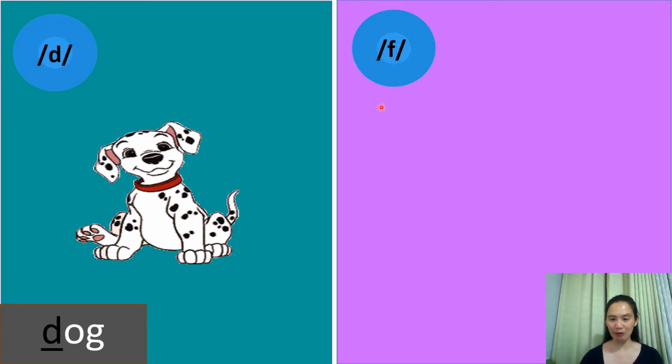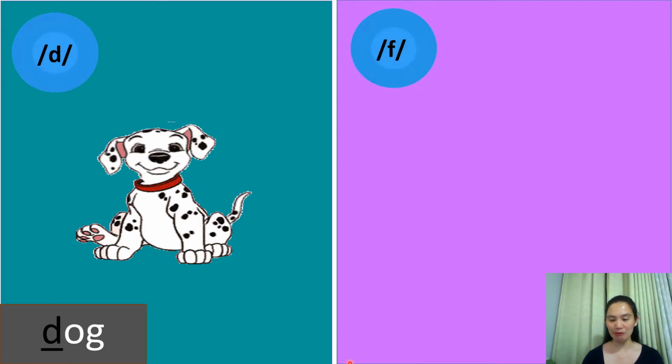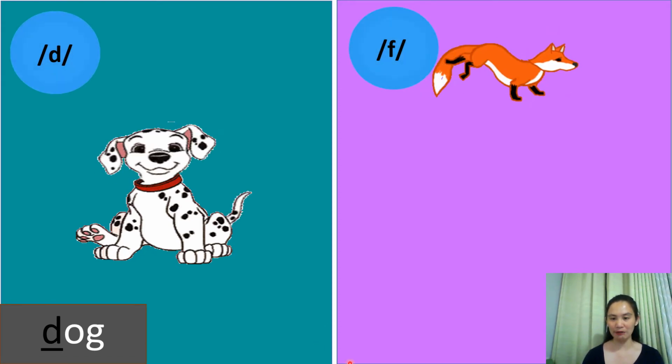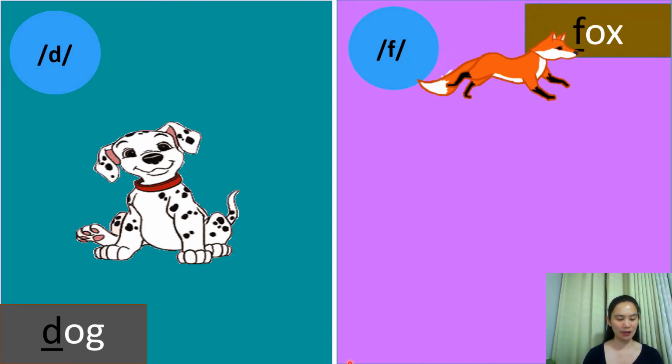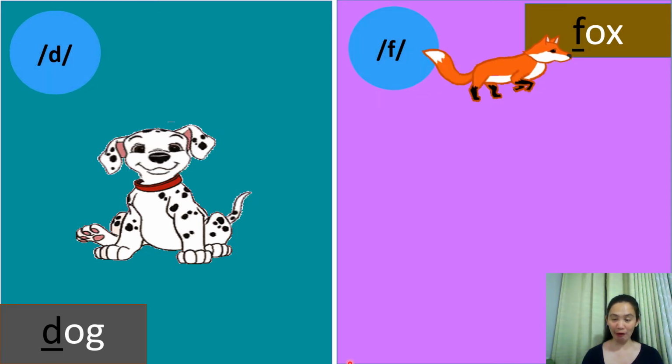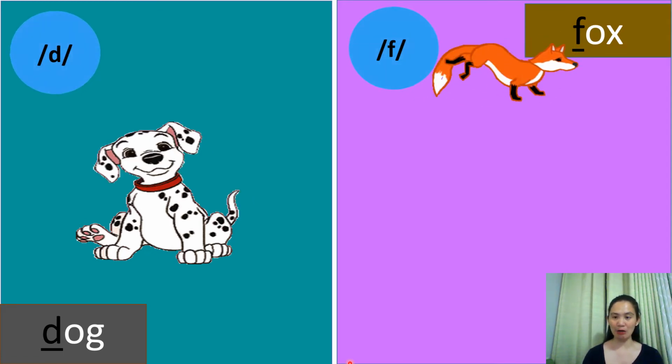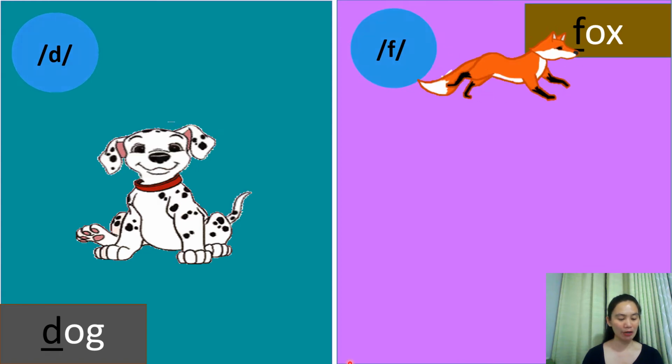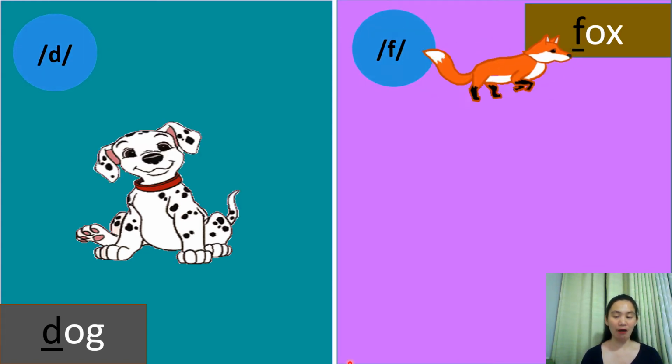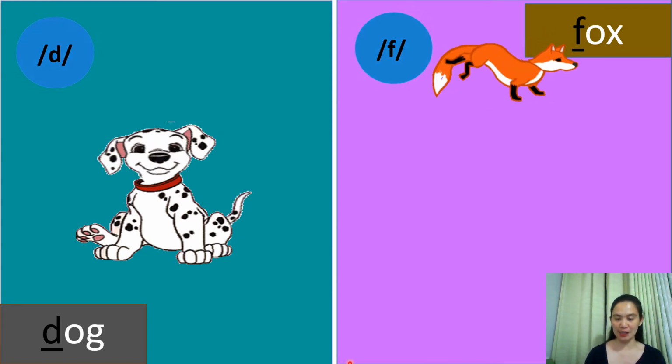The sound of F can be heard in the word like fox. Words with letter F have the sound of F, like in the words font, fell, and fix.